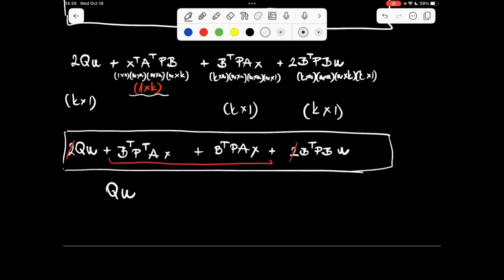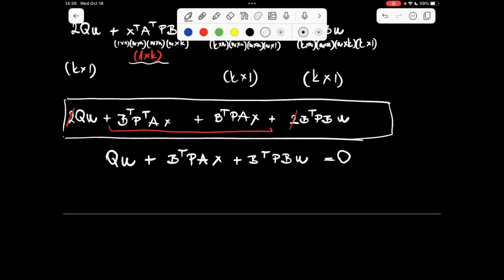So finally, we will have this equation as the first order condition, which is supposed to be 0. Okay.